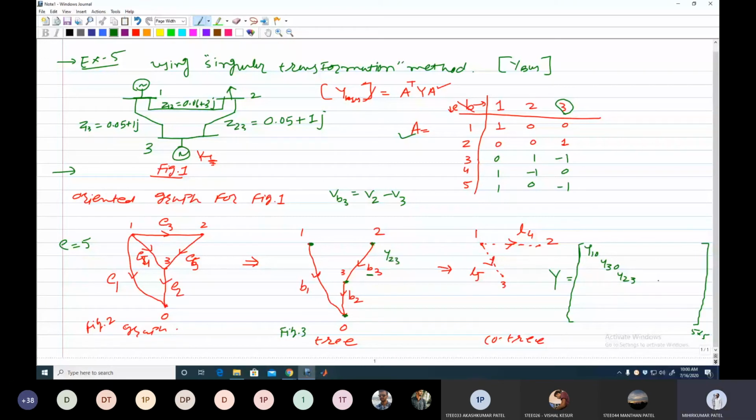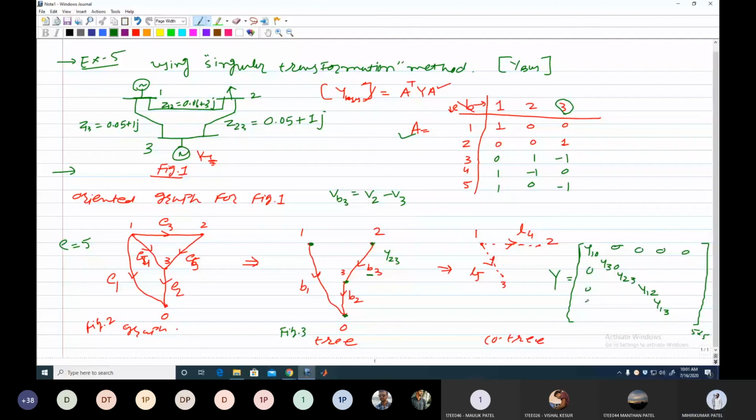Same way, what is the value of the fourth element? Yes, Y12, very good. And the last, fifth element, is Y13. Okay.